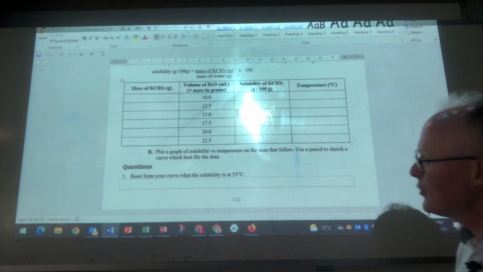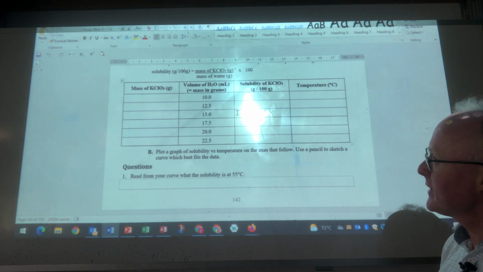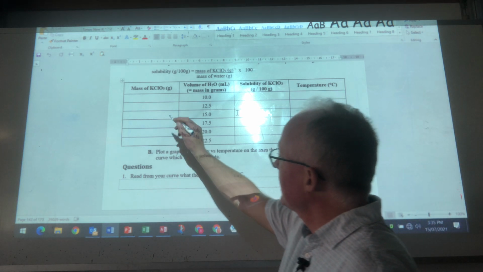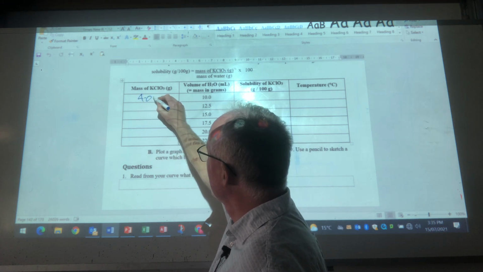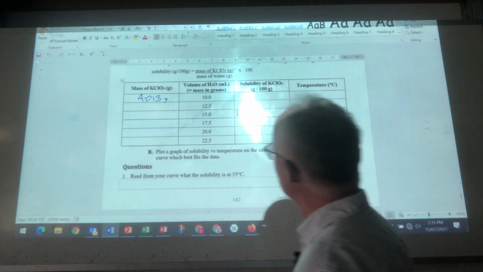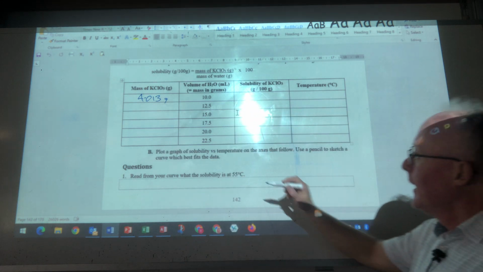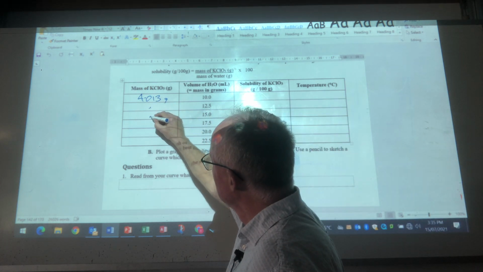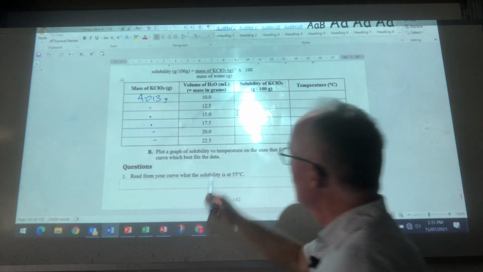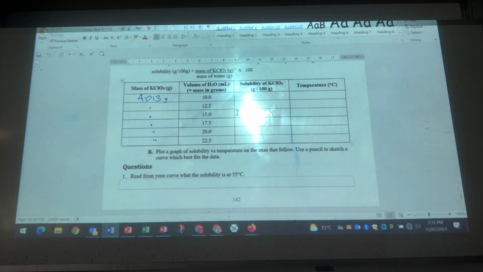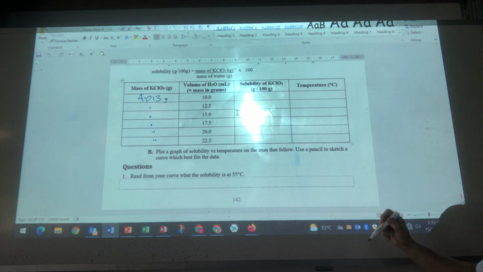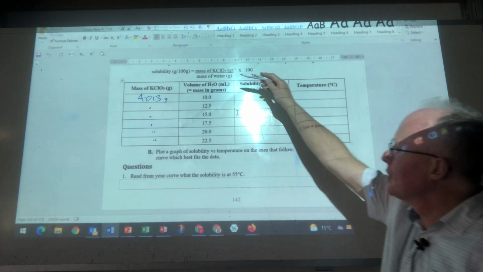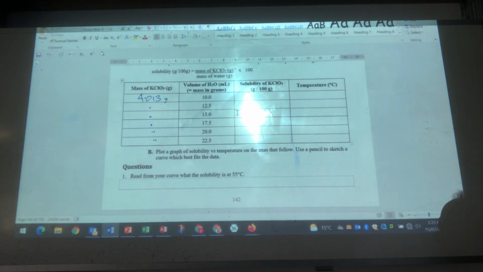So now everyone should have measured their mass of potassium chlorate on the balance. I need the exact mass here, so that might have been 4.013. And that's going to be the same for each one. What changed, of course, was the volume. So for each different volume, you're going to need to calculate the solubility using the formula like we did in class.